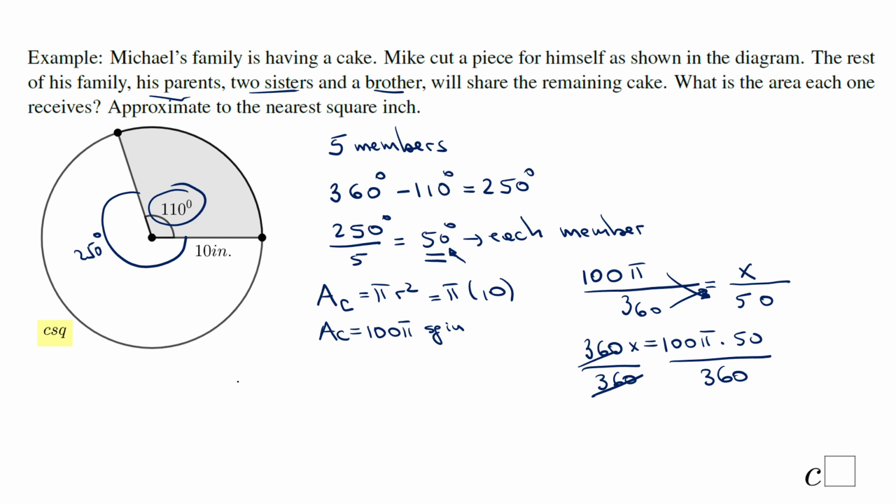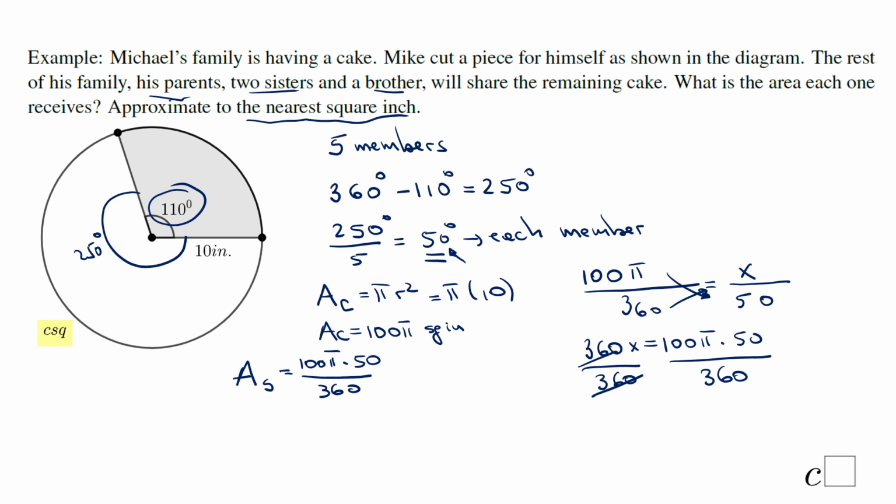And I'm going to move here, area of the sector, I'm going to call it now, right? Let's go back to this notation. The x, that is the meaning, is going to be 100 pi times 50 over 360. Since here we are asked to approximate to the nearest square inch, I'm going to use a calculator.